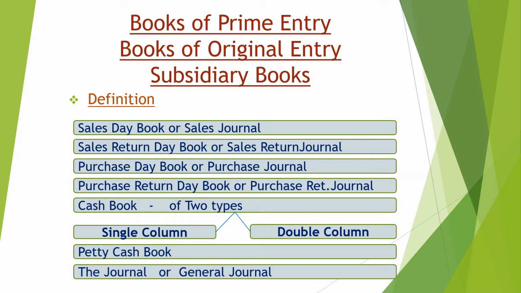In this video, we will cover sales daybook and sales return daybook with their posting in the general ledger. Let's start with the sales daybook or sales journal. This book is for recording daily credit sales of goods.